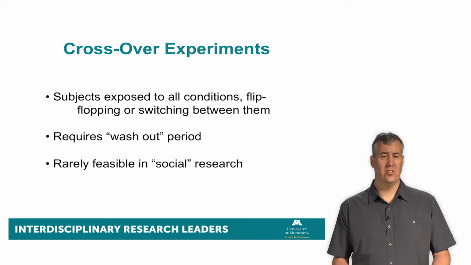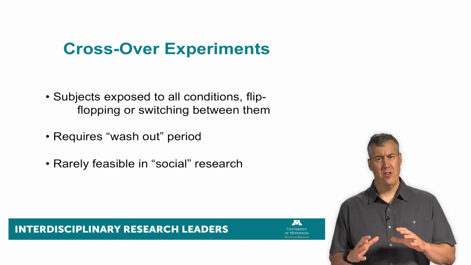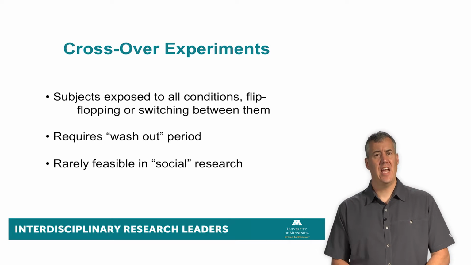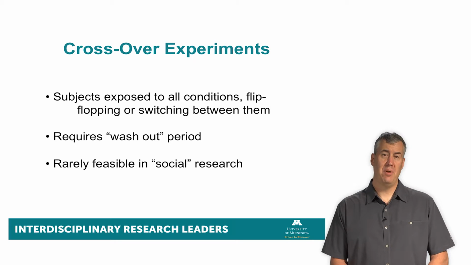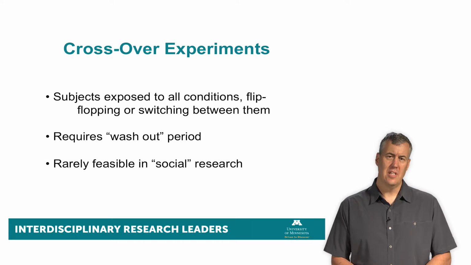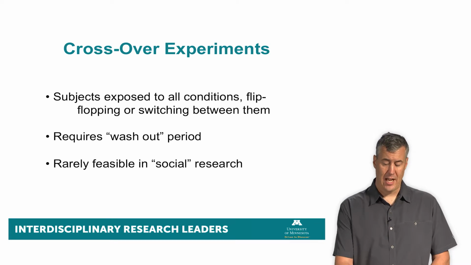Again, this is a lovely design, rarely feasible in social research, but I want you to understand it because the important thing is everybody is getting everything, and therefore the comparisons can sometimes be more defensible. So whether we can actually apply this kind of work in the IRL framework is not so important. What's important now is understanding what's actually happening here.